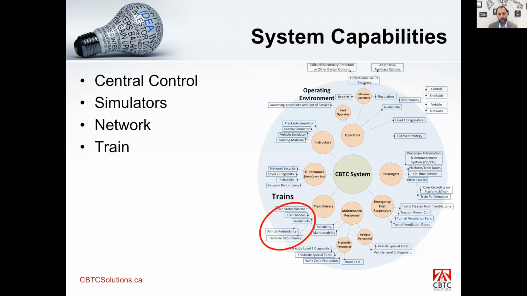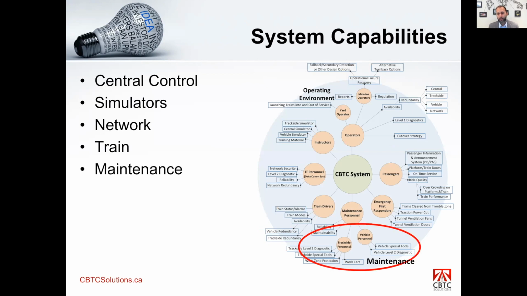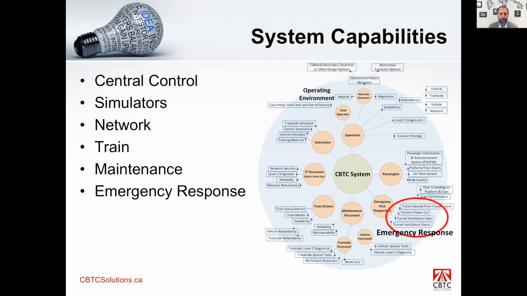For train drivers, they're concerned with everything that's on the train, so we create a topic called train, and anything related to the train would fall under that category. For maintenance personnel, we just create a topic called maintenance, and then we can maybe break it down further and call it trackside, vehicle, personnel, and every single topic for maintenance would fall under there. For emergency first responders, we would have an emergency response category, and anything related to emergencies would fall under this topic.